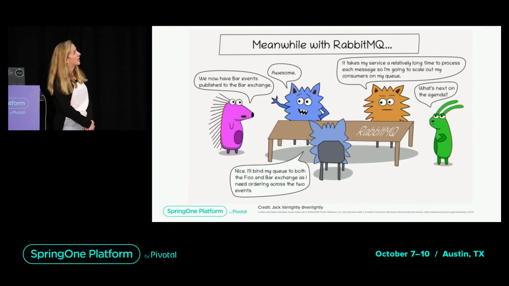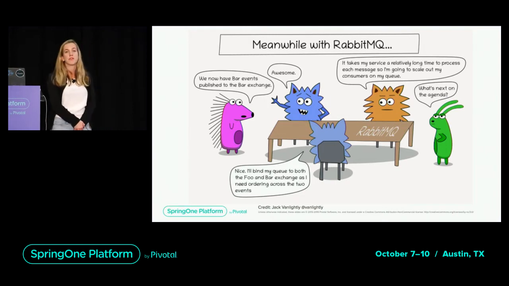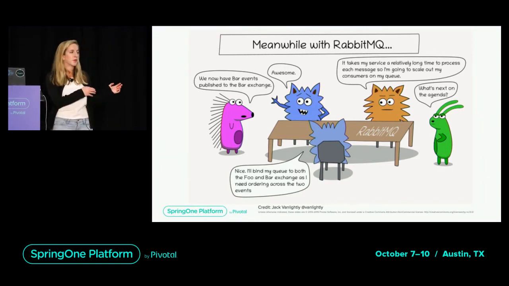One application says, it takes my service a long time to process each message, so I'll scale out the consumers on my queue, taking that action independently. Another consumer says, great, I'd love bar events. I'll bind my queue to both the foo and bar exchanges, as I need ordering across the two events. So you can see here, same scenario, the complexity is a lot lower if you want people to move independently.